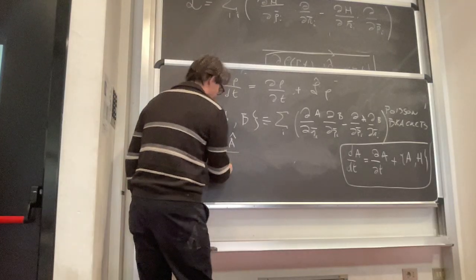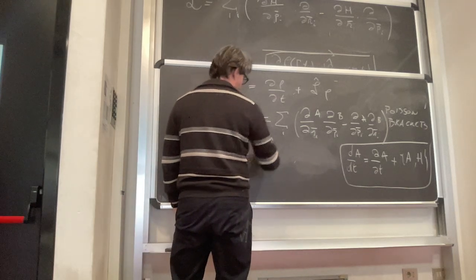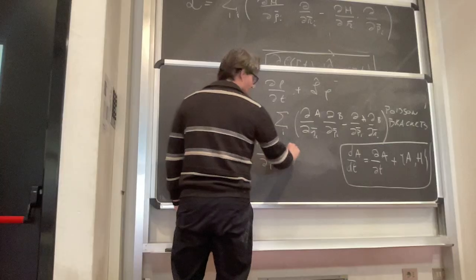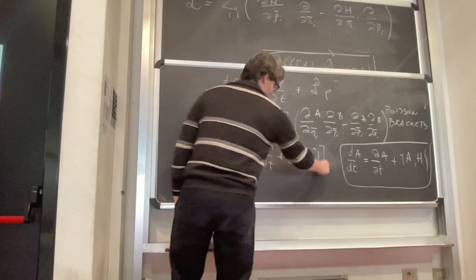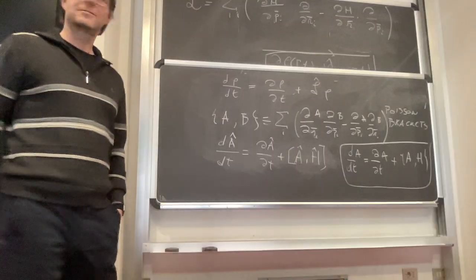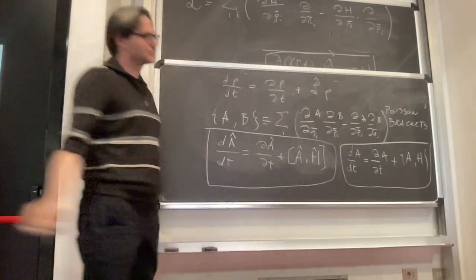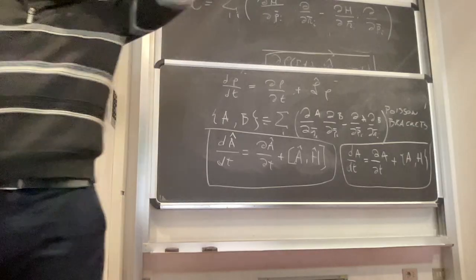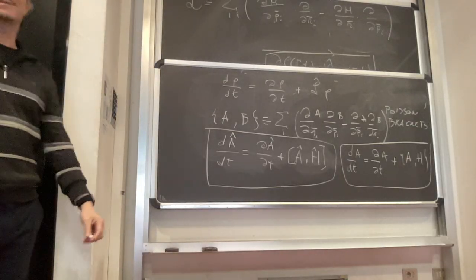Over time, this is the partial derivative plus the commutator now. Correct? I find this fantastically elegant.